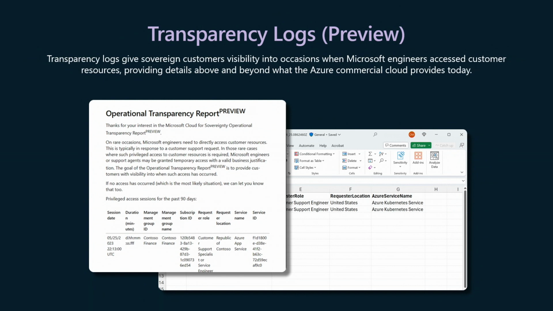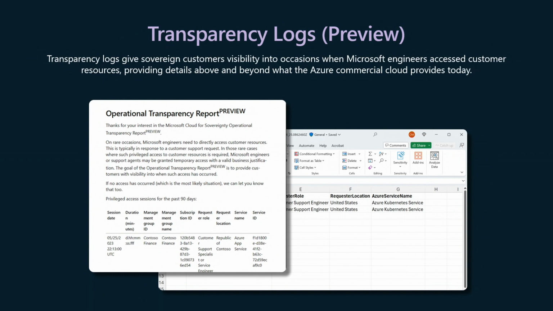But we've never been able to give customers access to those logs until now. So now in preview, we're really excited about it. I actually have a couple of the engineers in the room who worked on this. Now you can sign up for our preview, and for eligible customers, you can see the access logs that happen when a Microsoft engineer touches any piece of infrastructure that's related to your tenant or subscriptions. This is a really cool capability.